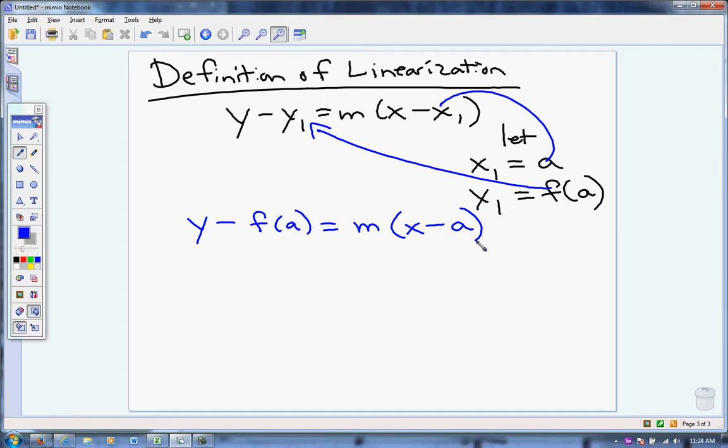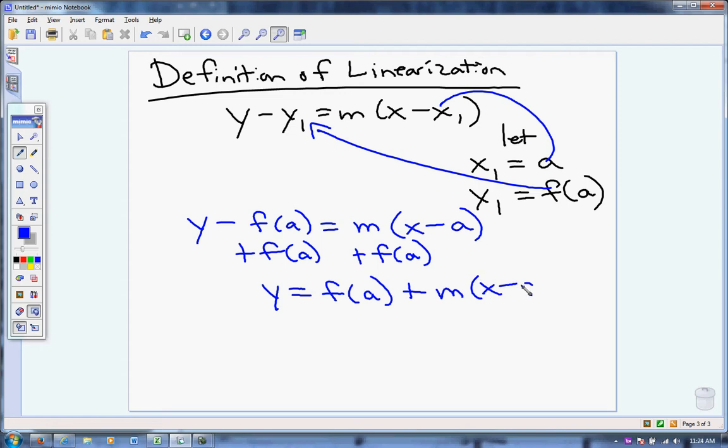And let's solve this thing for y. If I solve this for y, I would add f of a to both sides. So I have that y equals f of a plus m times x minus a. We're just about done. We need to make one more substitution. When I find the slope of a tangent line, what have we learned in calculus?